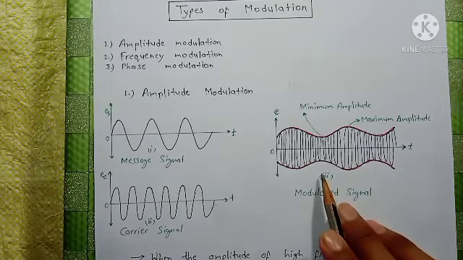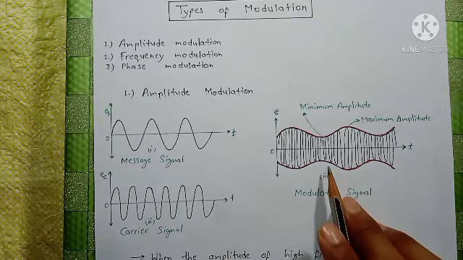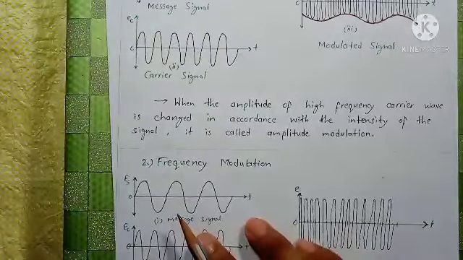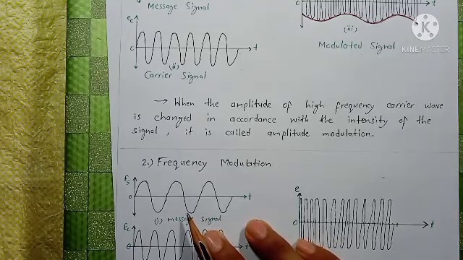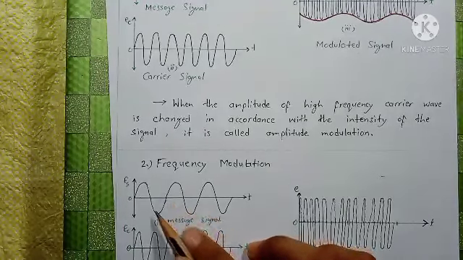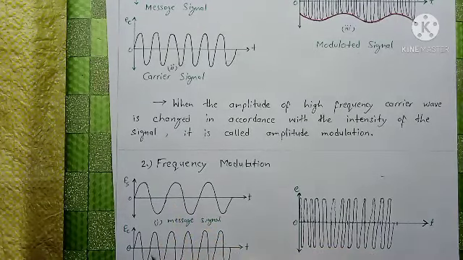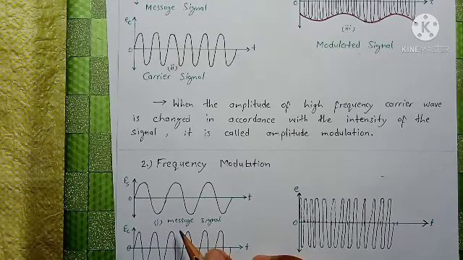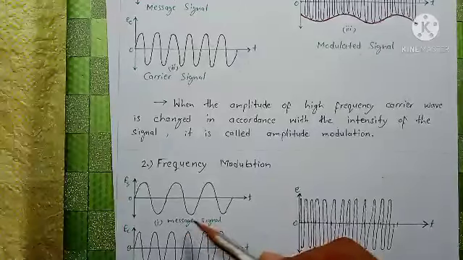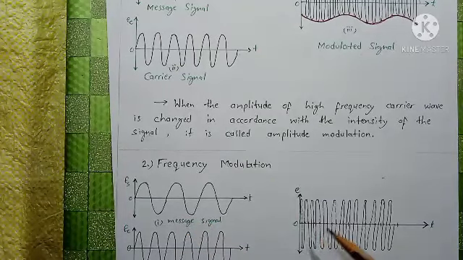Similarly, in case of frequency modulation, the frequency of the carrier wave changes according to the message signal. With the increase in the amplitude of the message signal, the frequency of the modulated signal will also increase. Similarly, with the reduction in the amplitude, the frequency of the modulated signal will also reduce.